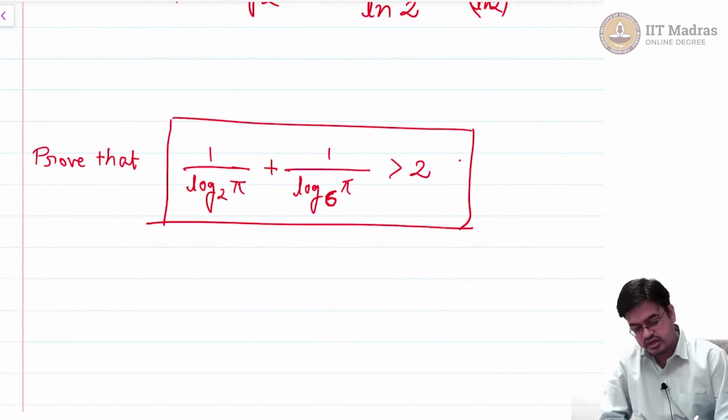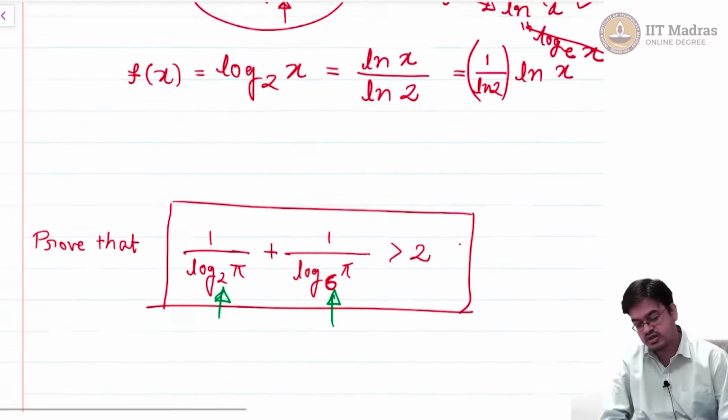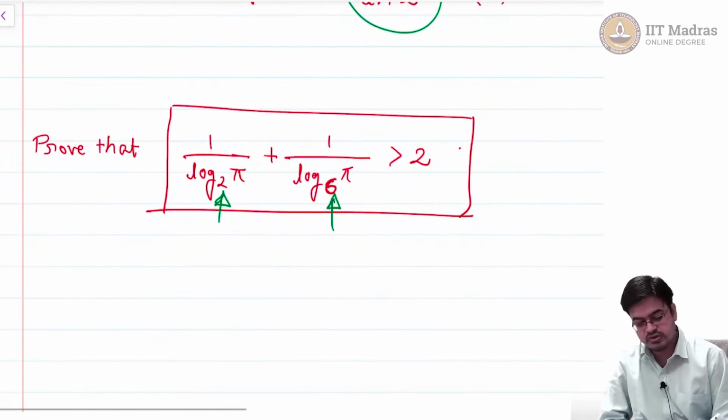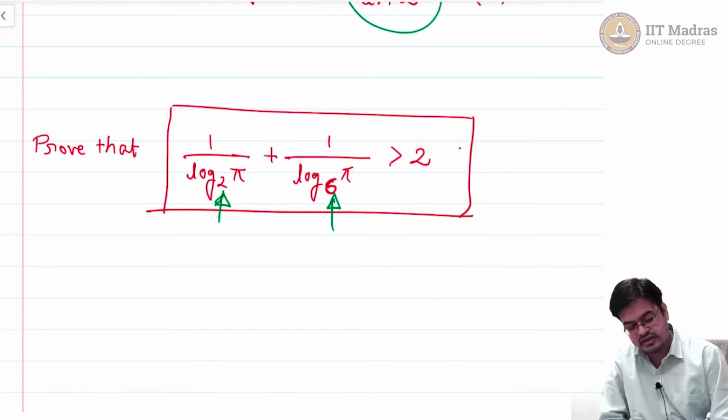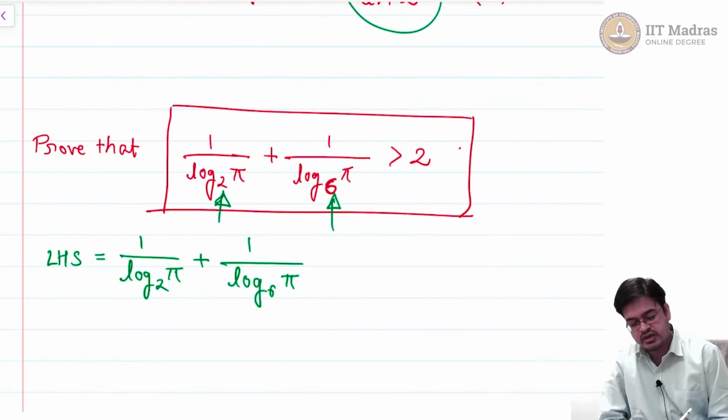First of all, if you notice in this particular problem, one base is 2, another base is 6. I don't want this. I want everything to the same base. So I will use the same principle, that is the change of base formula. Let us take the left hand side, LHS, which is nothing but 1 over log to the base 2 of pi plus 1 over log to the base 6 of pi.